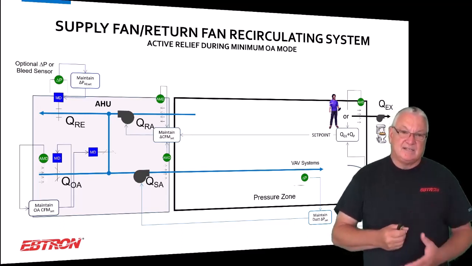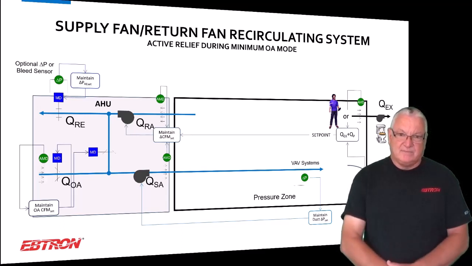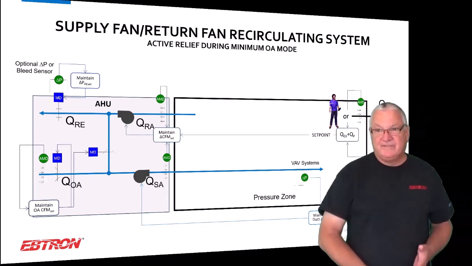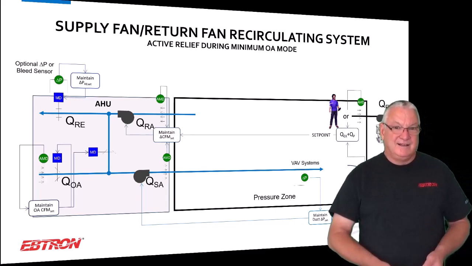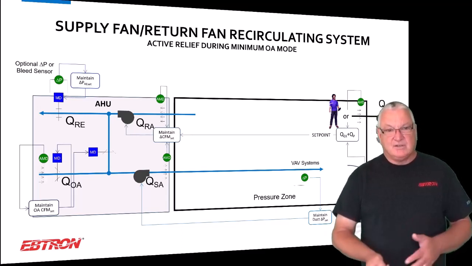Okay, and then on the outside air side, you're maintaining your outside air set point. And I neglected to say in the previous slides, you wouldn't be able to do DCV if you didn't have relief at the air handler at design. But in this case, we can reduce our outdoor air and still maintain pressure.